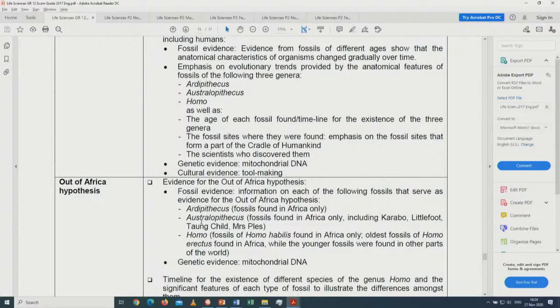As you know, mitochondrial DNA is only passed on by females. Now, the mutations that occurred in the mitochondrial DNA, when they are traced, show that the oldest mutations were of a female that arose from Africa.